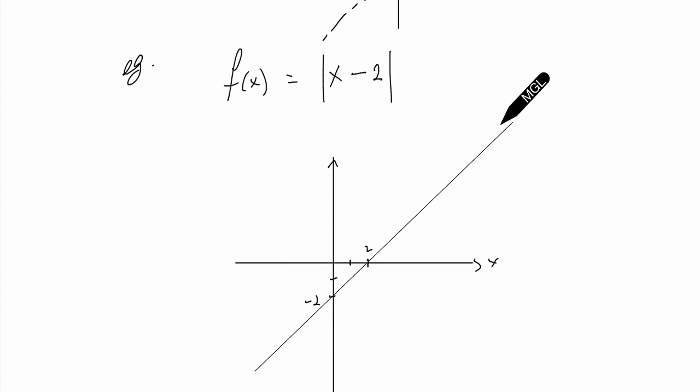And you can see that the function is positive after 2, but before 2, the y value is all negative. So this part of the graph will get erased and get reflected on the x-axis. Okay, so that V shape right there is y equals the absolute value of x minus 2.